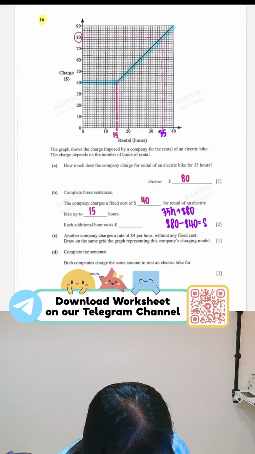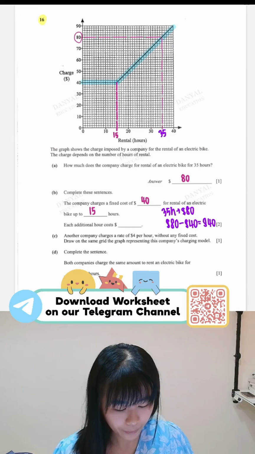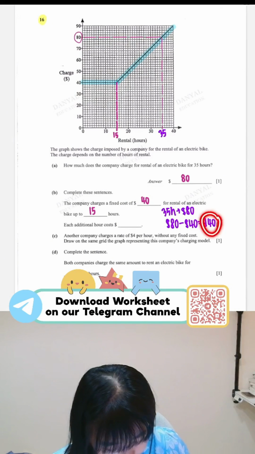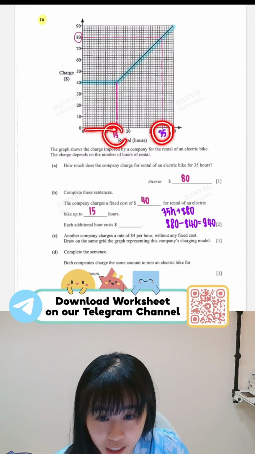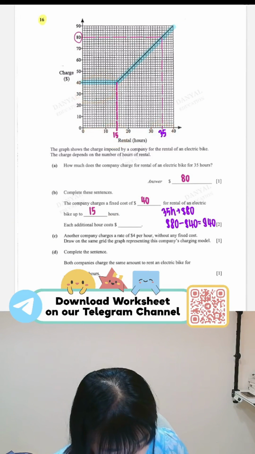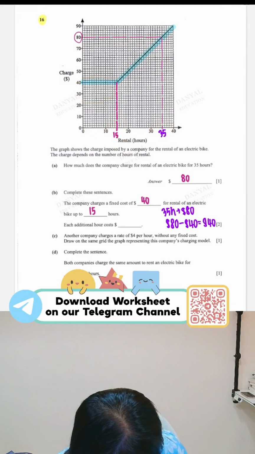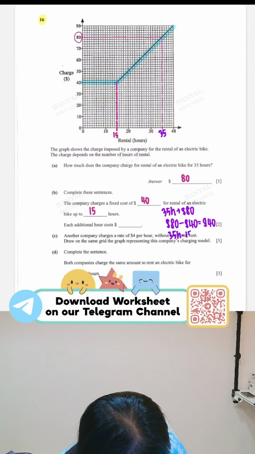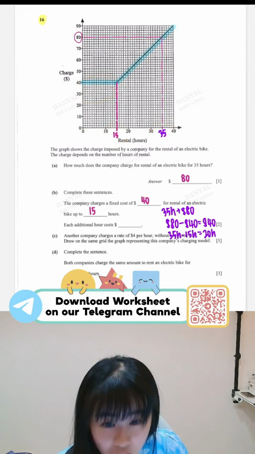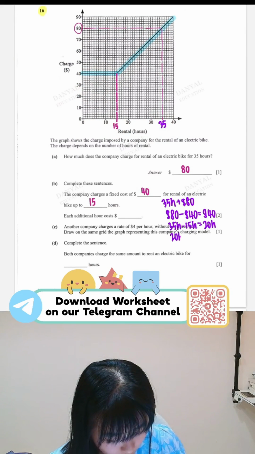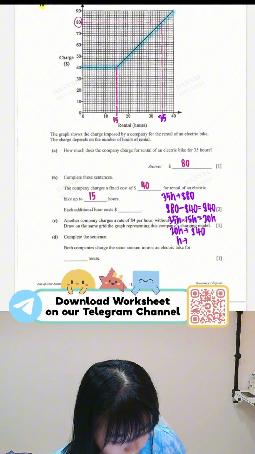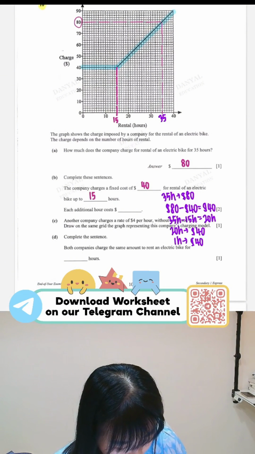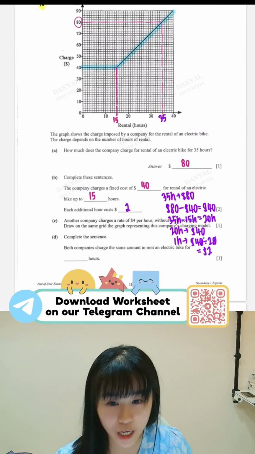That will give me $40. But remember, this $40 is up to 15 hours also. So of the 35 hours, you need to minus away the 15 hours that was charged at $40. So the 35 hours also must minus 15 hours. That will give you 20 hours. So basically the 20 hours actually cost that excess of $40. So every hour is going to be 40 divided by 20. That's how you get $2. Each additional hour is $2.